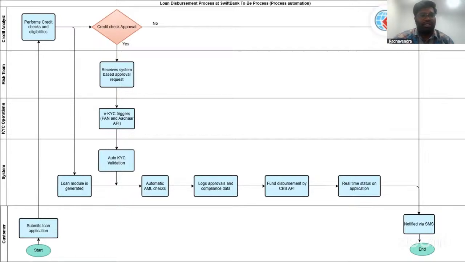Like if you see here, if the credit check is a no, if it doesn't go through, he gets notified. Even if it is yes, once it is processed, it's notified to the customer.